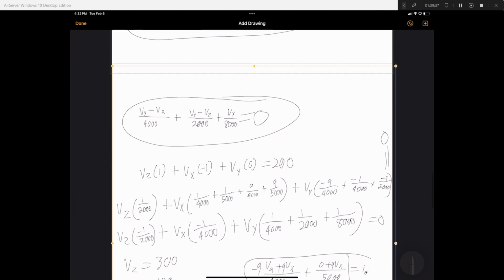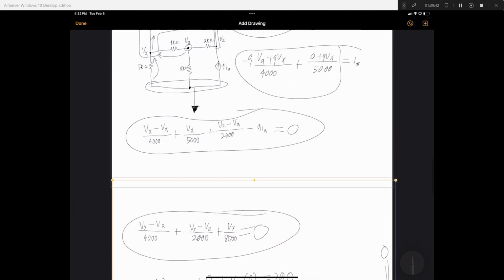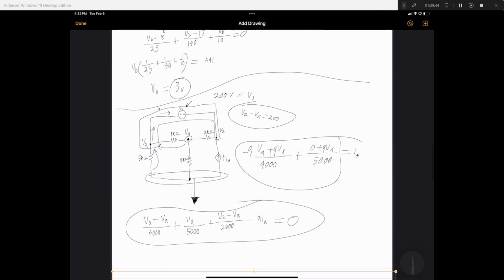Let's review what we have. In the beginning, we're using the first equation, which is our supernode. This is the equation for our supernode. This is how you put that down. Then we do the KCL for the supernode.